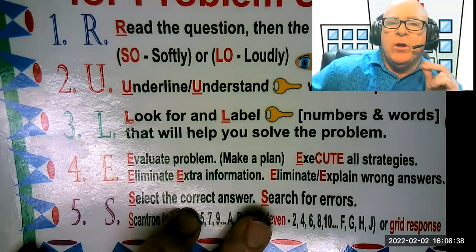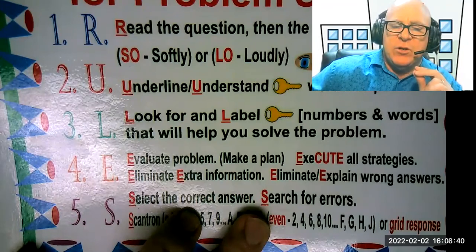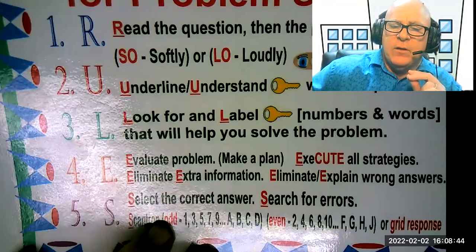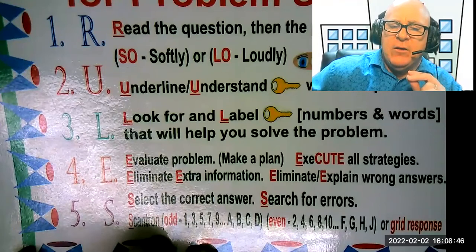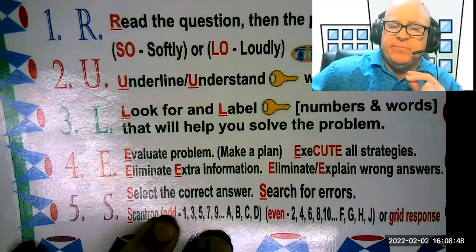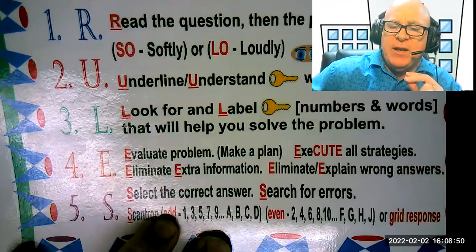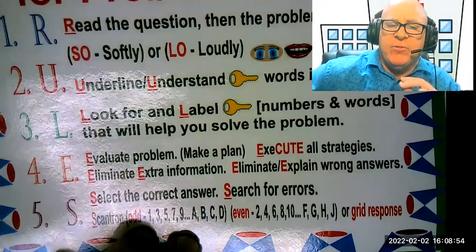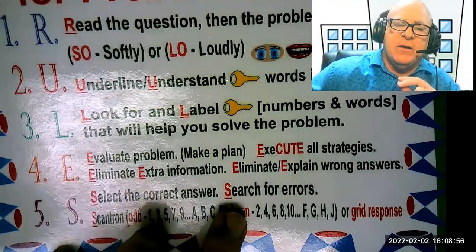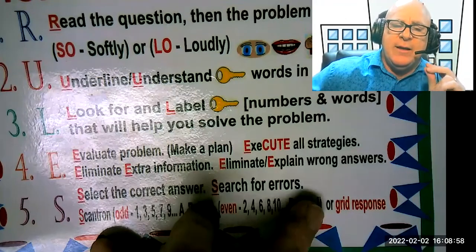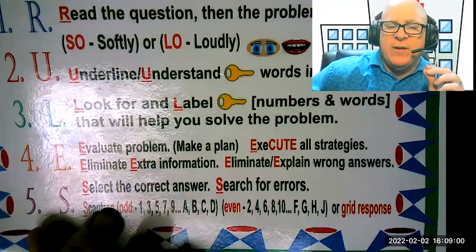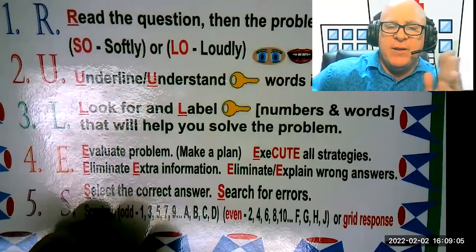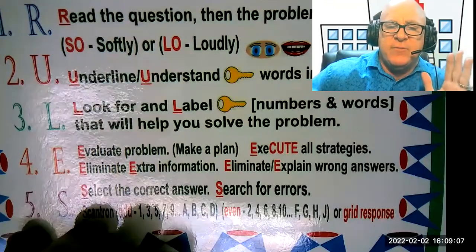And if you're on a paper test this year, your Scantron will have A, B, C, D for all odd numbers and F, G, H, J for all even numbers, or you'll get a grid response. Or if it's the computer, you're doing it online, I've been told that it'll be A, B, C, D over and over, whether it's odd or even. So just be prepared. That's the only thing that's different.